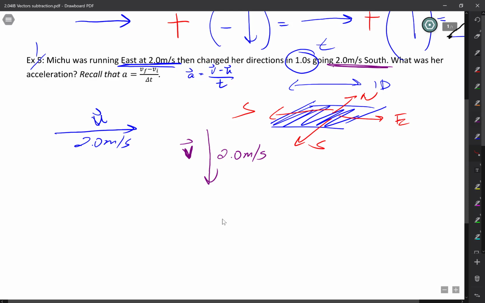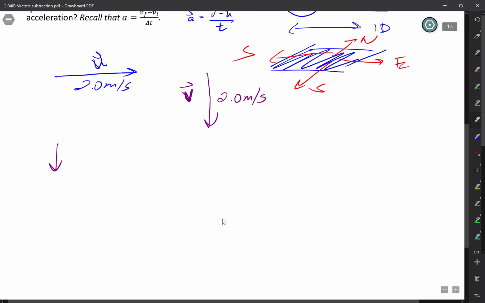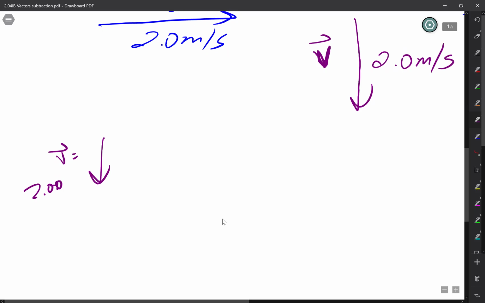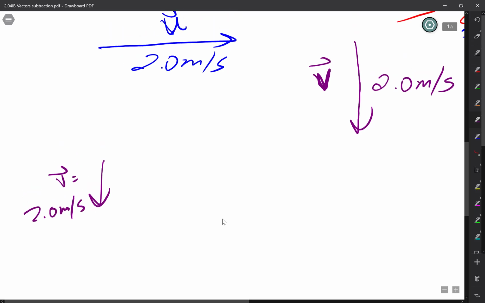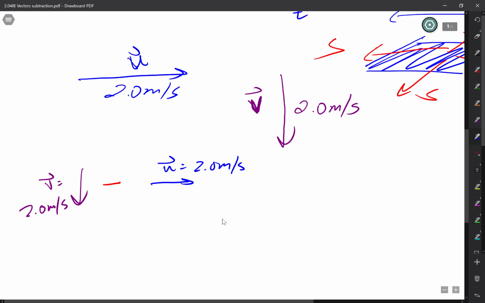So let's draw this out a little bit more carefully. We have down, this is final at 2 meters per second. And I've already drawn the direction of the arrow, so I'm not going to worry about writing down the directions. Then I subtract the initial velocity, which is this guy, also 2 meters per second, but this time this is going east.